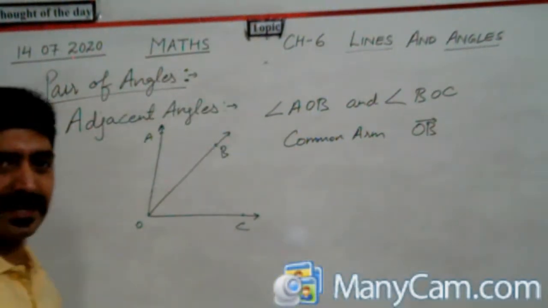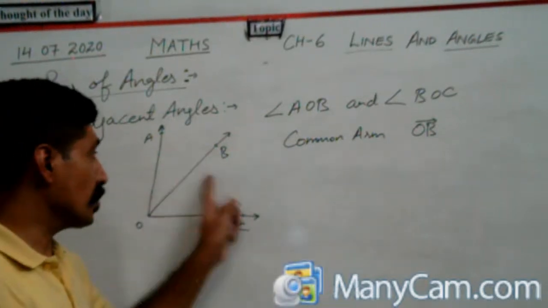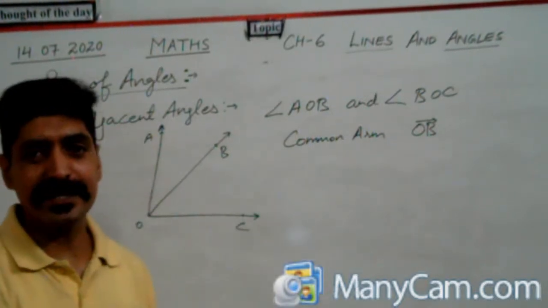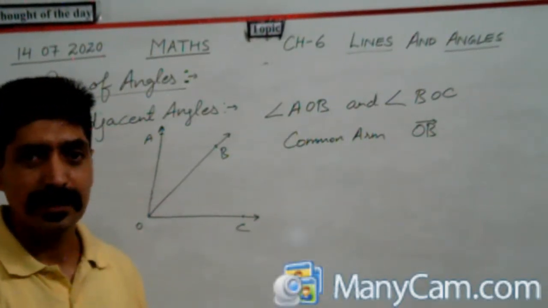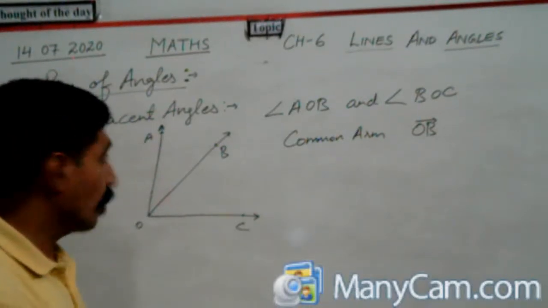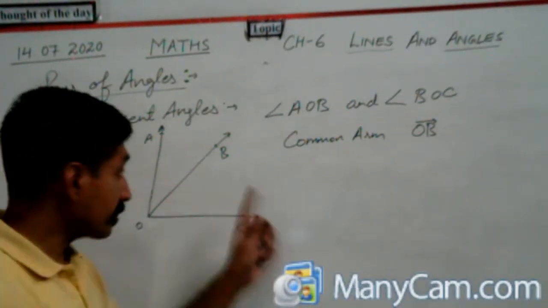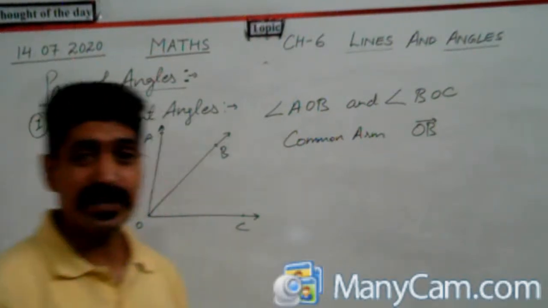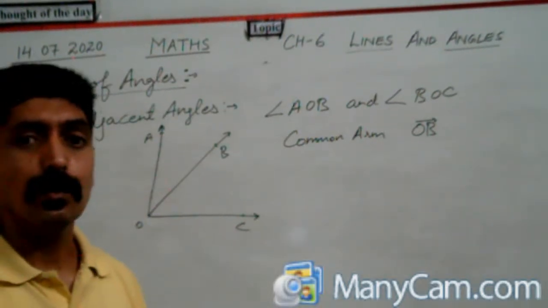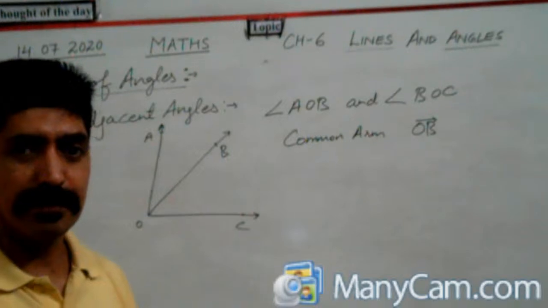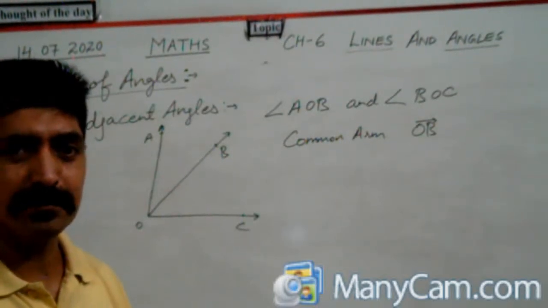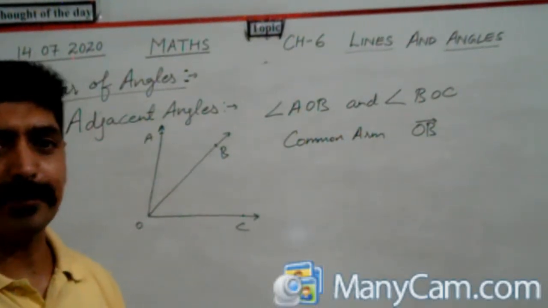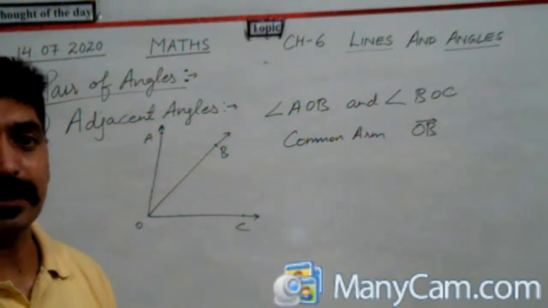So we are saying that these two angles are adjacent angles, right? So we have one more pair of adjacent angles whose sum is 180 degrees. They will make a straight angle. Then we call them the linear pair of angles.